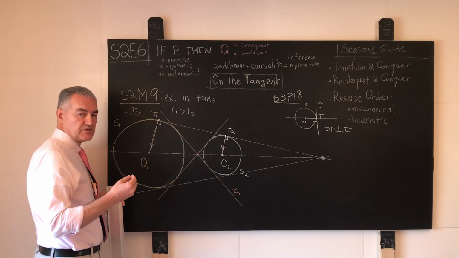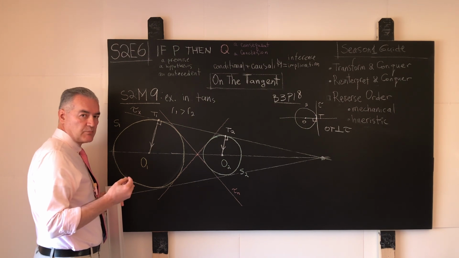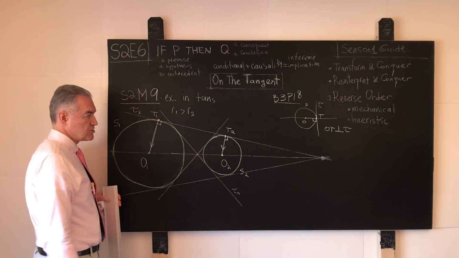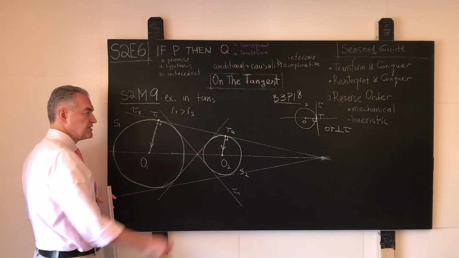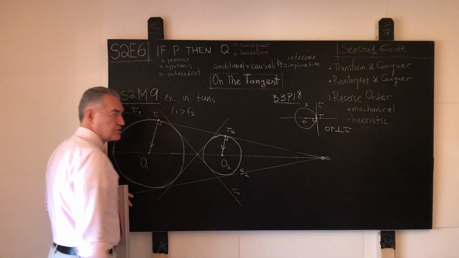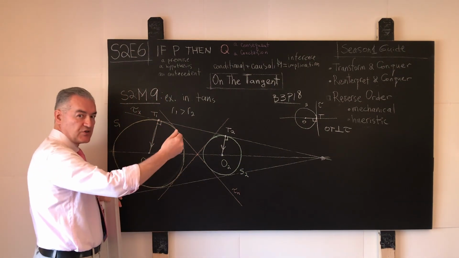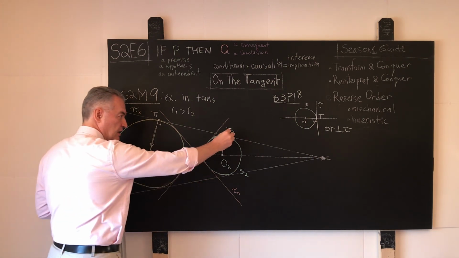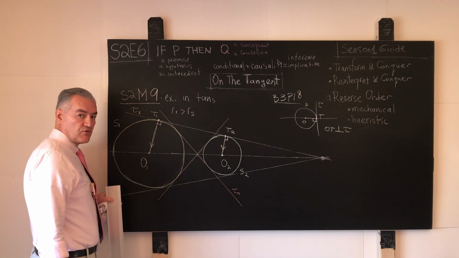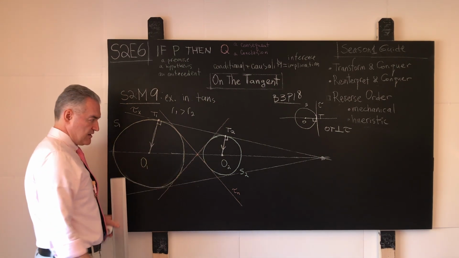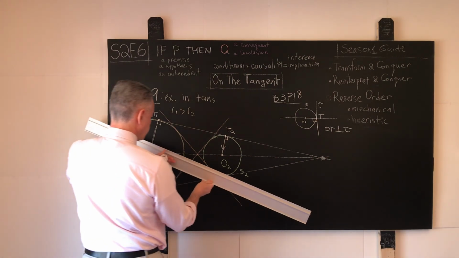In other words, under every non-trivial parallel translation, there are no fixed or stationary points. That means that every point that makes up the external tangent tau x will be translated by the corresponding amount, and the result of that translation will be, again, a straight line that will be parallel to tau x.